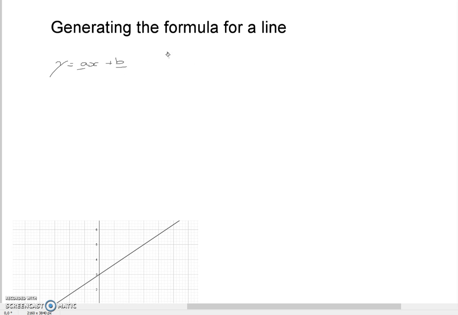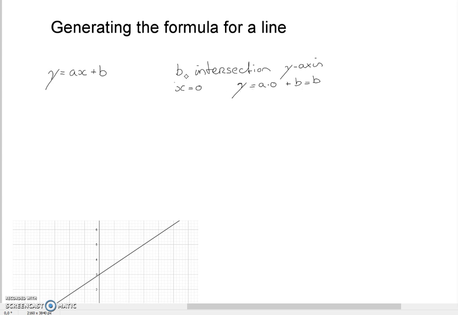B is the intersection with the y-axis, because if you substitute x is 0, the value of x on the y-axis, all that is left is y is a times 0, which is 0, plus b, so all that is left is b. So for x is 0, y is b, so b gives the intersection with the y-axis.